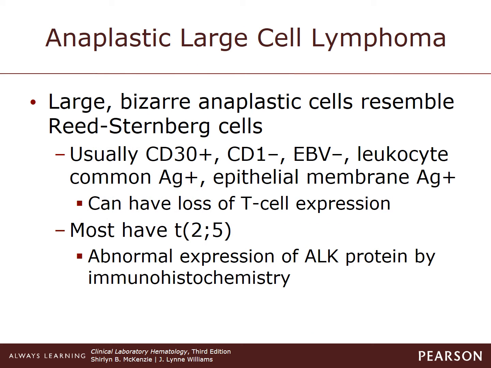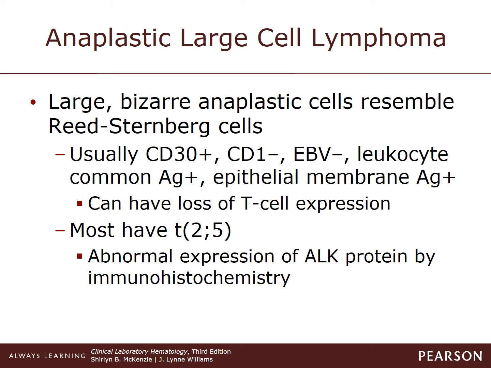Anaplastic large cell lymphoma is a rare case of large anaplastic cells that resemble Reed-Sternberg cells. Reed-Sternbergs are only seen in Hodgkin's type lymphomas.